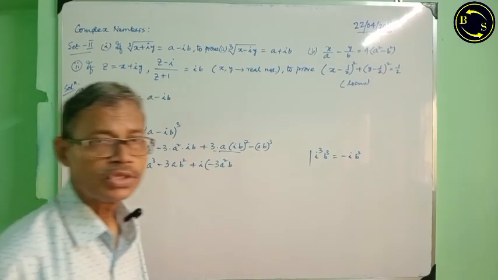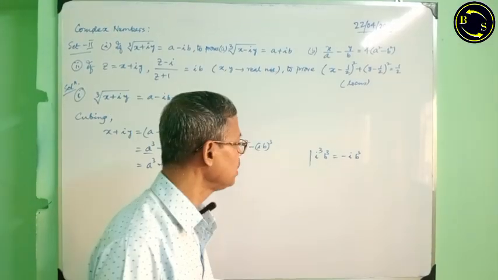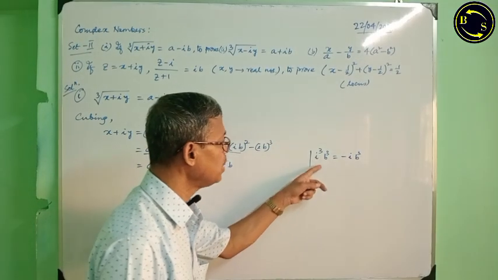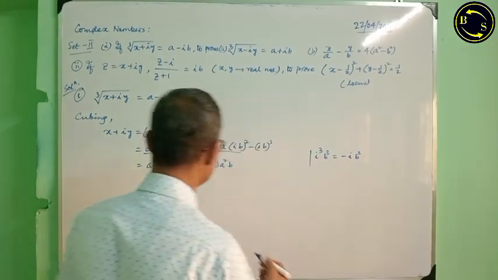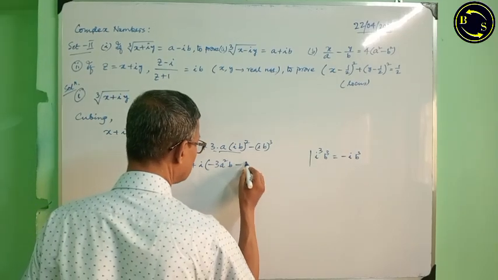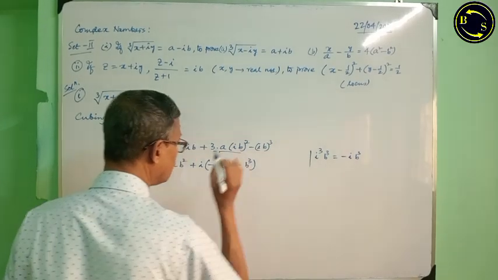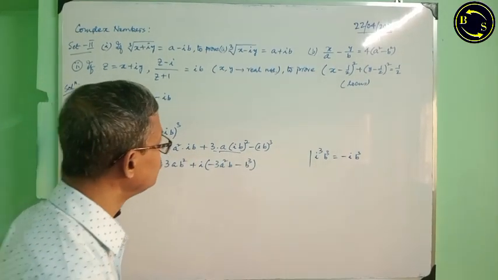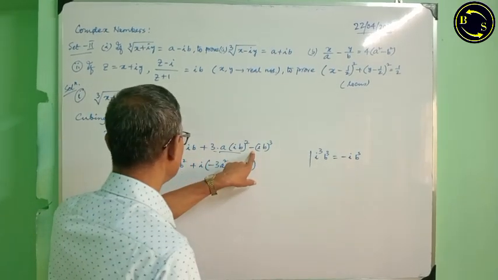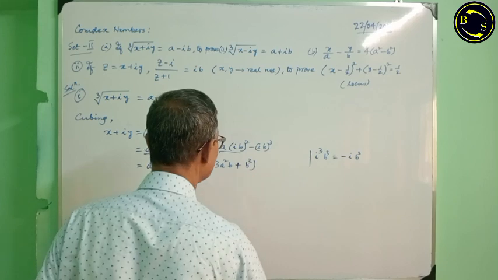Since i cube is equal to i square into i, and the value of i square is equal to minus 1, therefore finally it will be this. Then I have taken i as a common factor. There is another minus, therefore finally it will be this one.